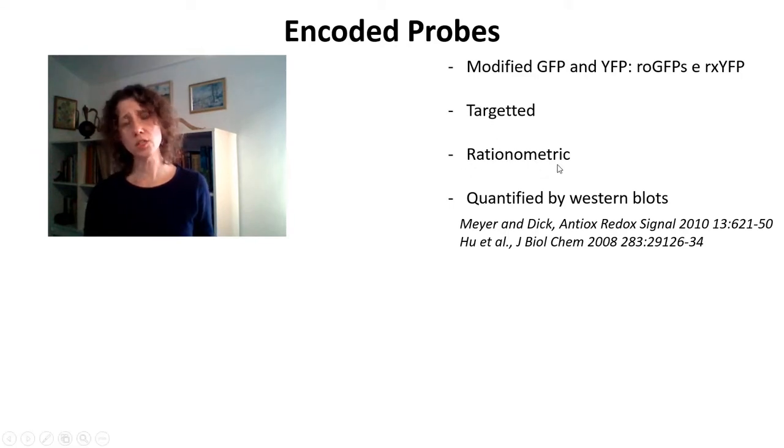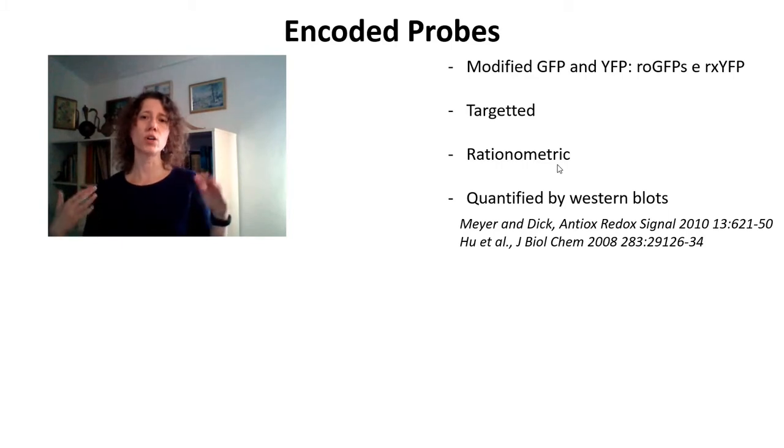The best of these probes are the ratiometric probes because then you have a control for the expression of these probes. If you don't have a ratio measurement, you don't know that in your different experimental conditions you might have different expression of these fluorescent proteins. So that's something important to know.